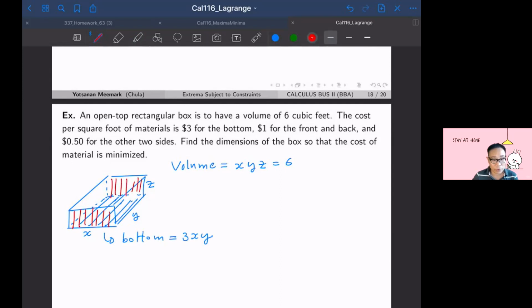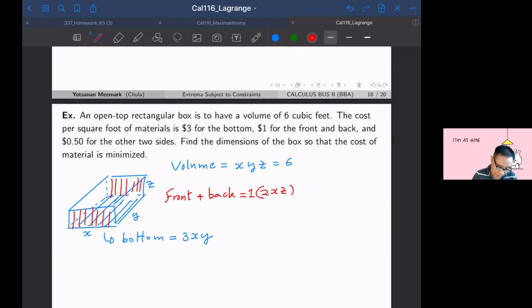So the front and the back turn out to be my xz times 2, so it's going to be 2xz, and it's going to cost me $1.